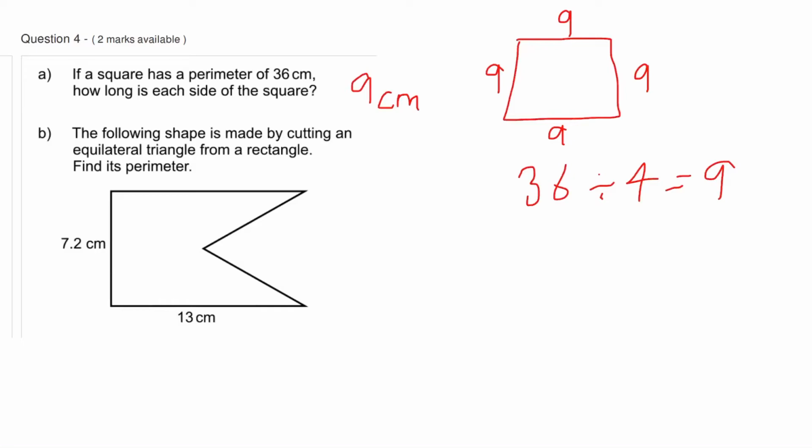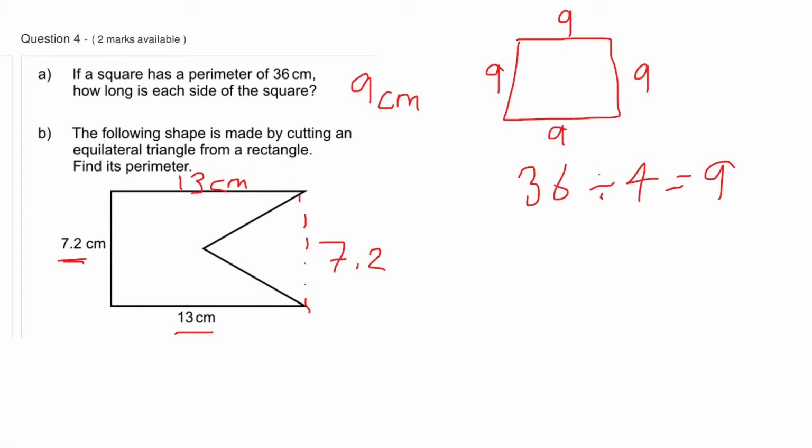So first thing we have, this is 13 centimeters, so this side is 13 centimeters also, because this is a rectangle, opposite sides of a rectangle are equal. This 7.2 would have been equal to this if it was a full rectangle, but because an equilateral triangle has been cut out, we don't have the full rectangle.